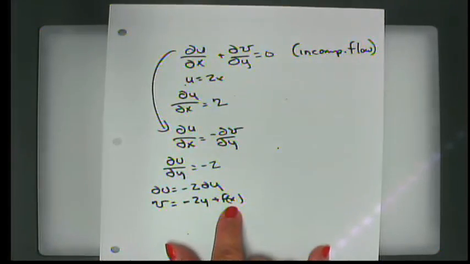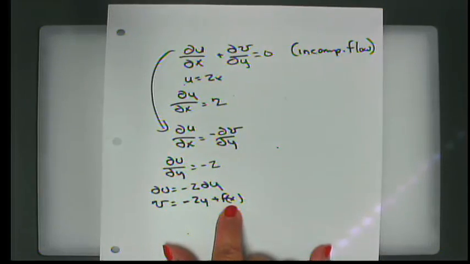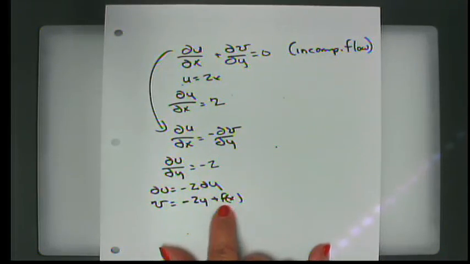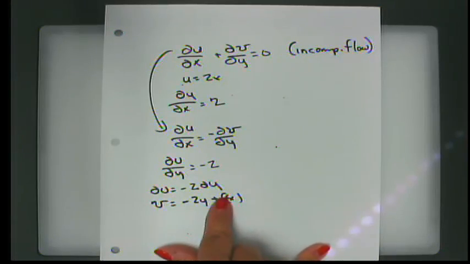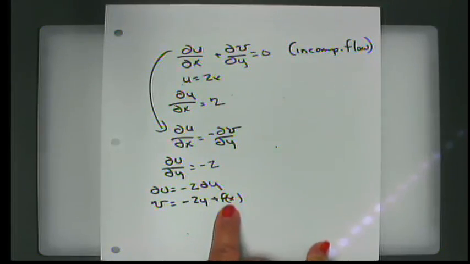Now this is analogous to a constant of integration, but it's not a constant because we have this as a partial with respect to y. If we had a term that was a function of x only, it would differentiate to 0. So we have to keep in mind that it could be a function.